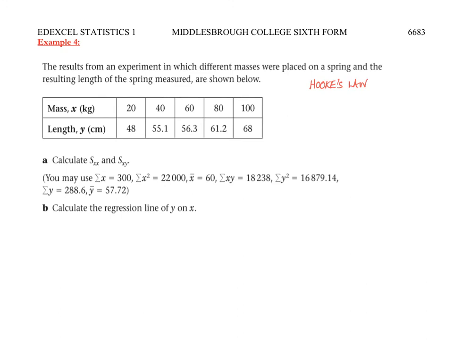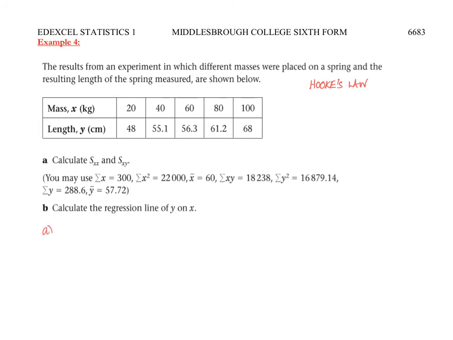The length of the spring is proportional to the mass that's added on it. So if you think about the real life situation, we are expecting a positive correlation, and therefore a positive gradient.